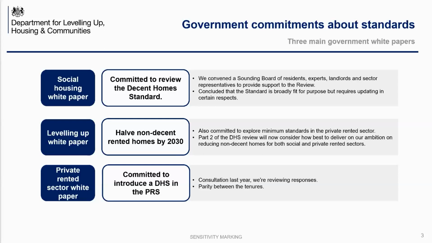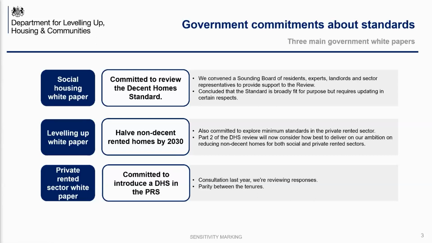And then last year, the Levelling Up white paper said that we were going to halve the number of properties that don't meet the Decent Home Standard by 2030, and that includes privately rented properties. Even though the Decent Home Standard doesn't actually apply to the private rented sector, that commitment was to halve the number of rented properties totally that don't meet the Decent Home Standard by 2030.